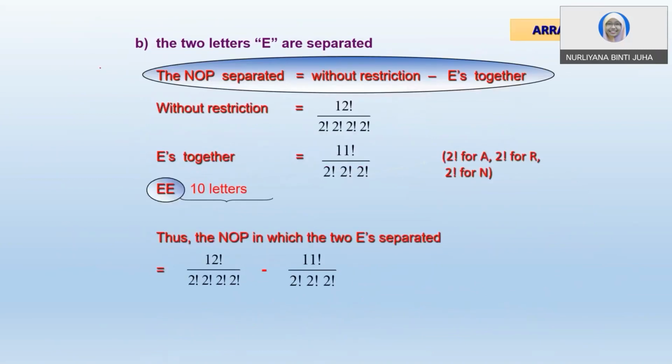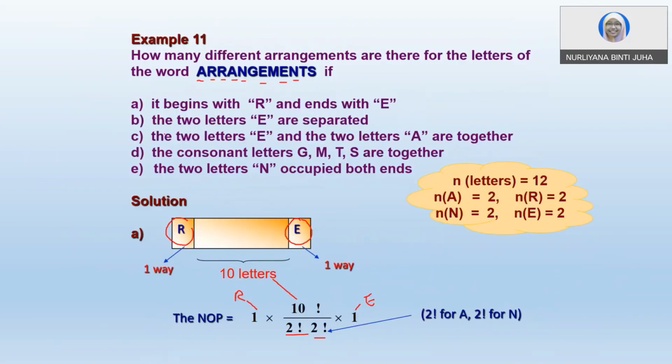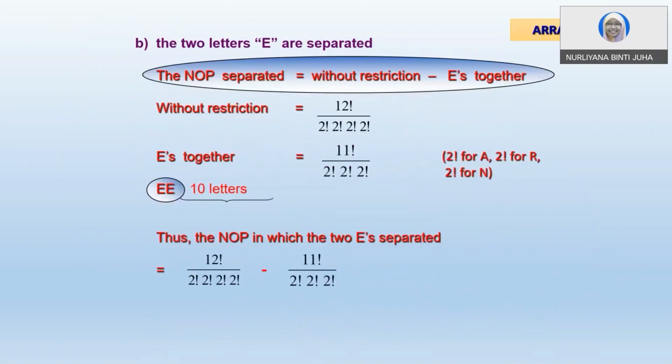Okay, then. Yang kedua, dia kata the two letters E are separated. Dia dah letak syarat yang E tadi yang berulang tu kena separate. So, kita ada this formula. Kalau yang separate ke, sit next to each other ke, dia punya pattern lebih kurang sama. So, you have the number of permutation separated.